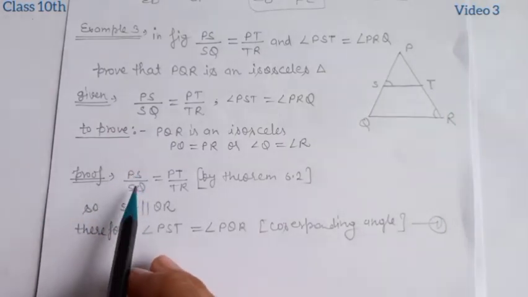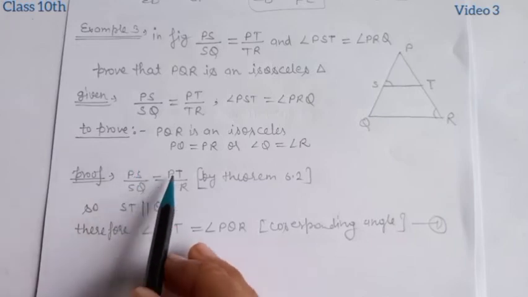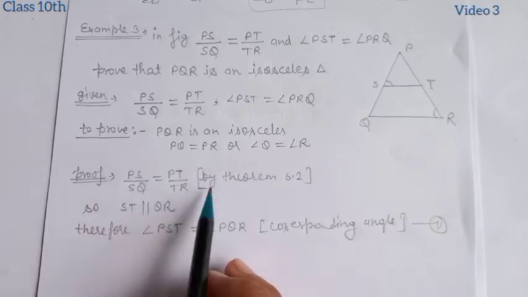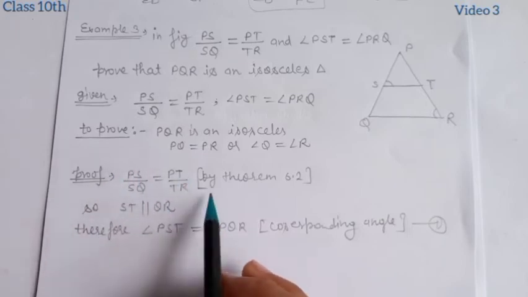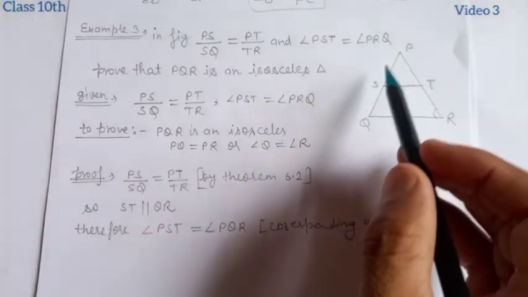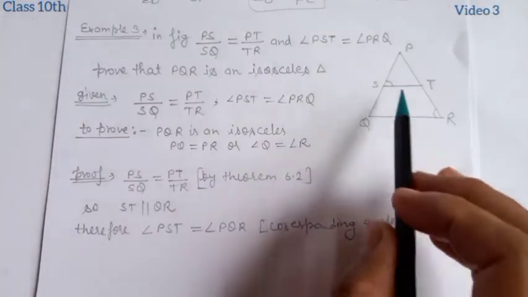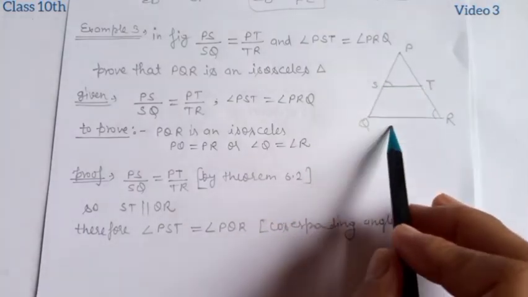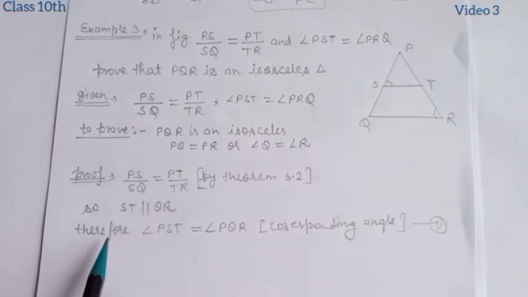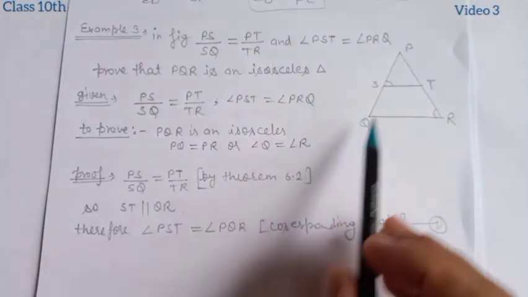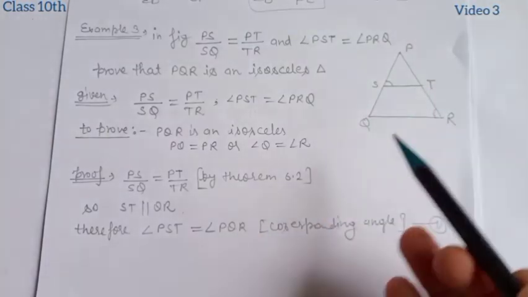So students, it is given that PS upon SQ equals PT upon TR. So it is the converse of BPT, theorem 6.2. If the ratio of the sides of the triangle is equal, then the line is parallel. So ST is parallel to QR.